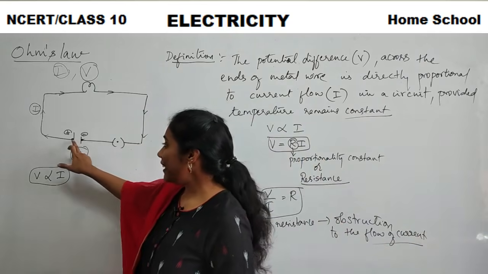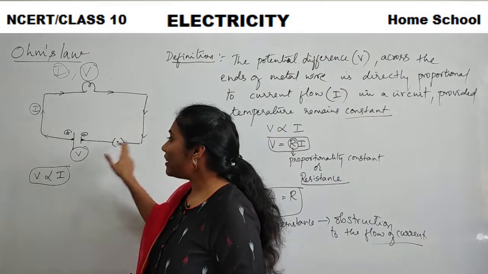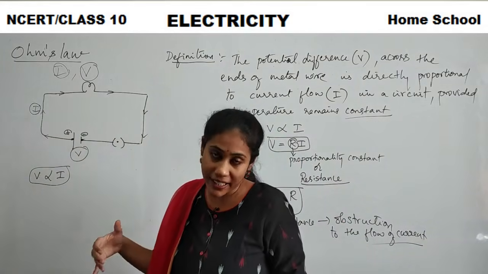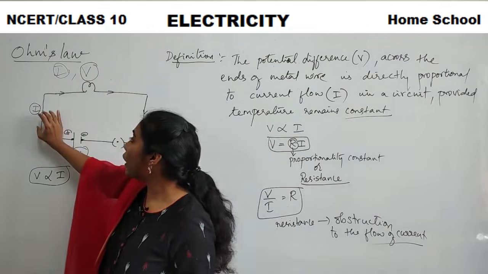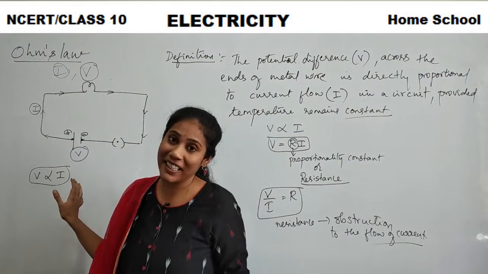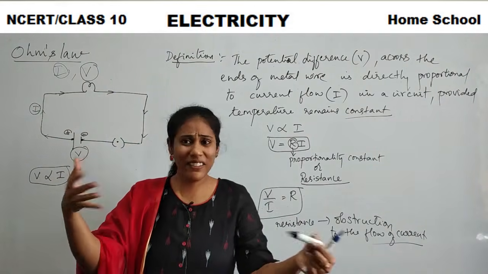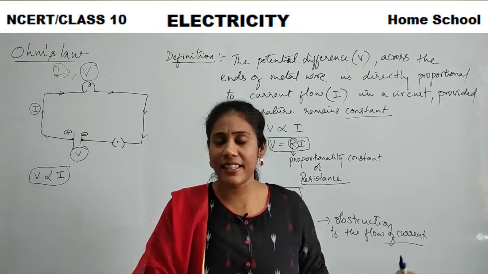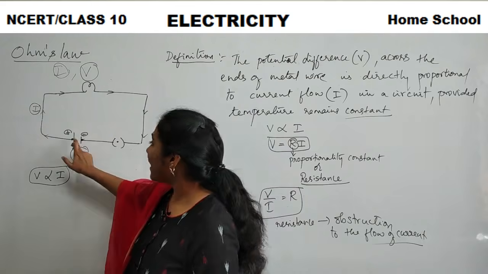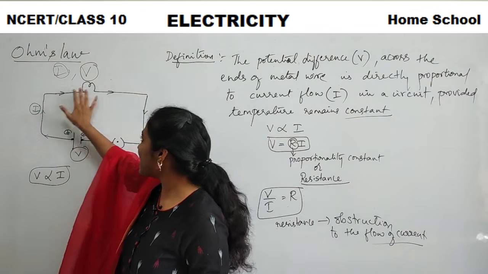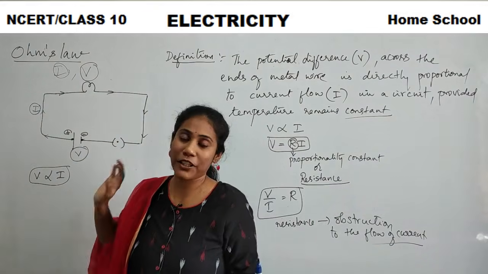Actually, when a current flows in a metallic wire, it doesn't flow that smoothly as we think. There would be a lot of disturbances for the flow of current, guys. It may be because of the nature of the wire or whatever the reasons may be. All that we will discuss in the next video. Here and there, some disturbances would be there in the circuit.